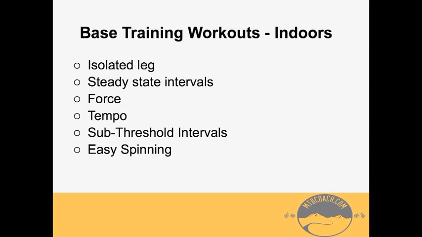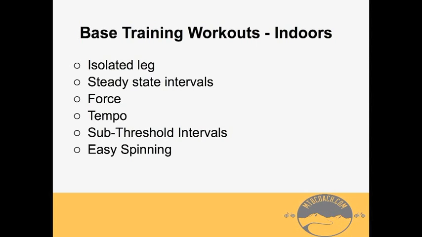And I do them at different durations. So depending on where I am in my personal plan, I may have even a 20-minute interval and then maybe 10 minutes off. So really that depends on your fitness level, where you are in your training program, and how much time you have.